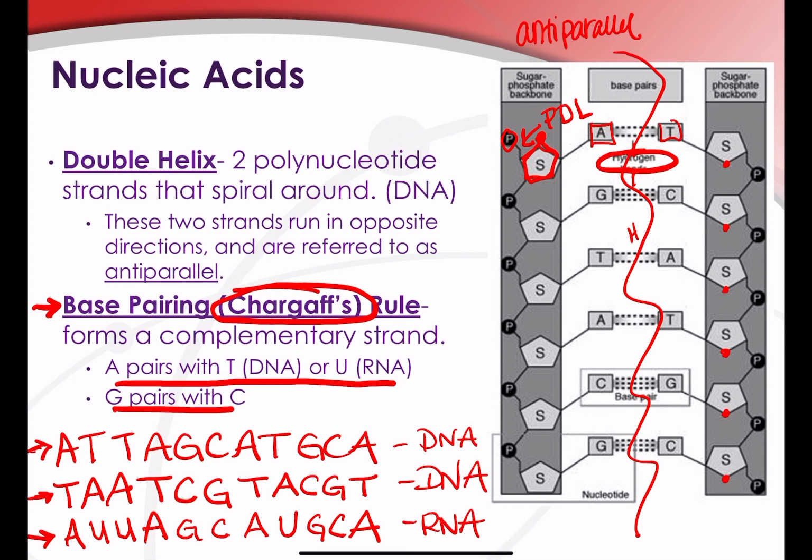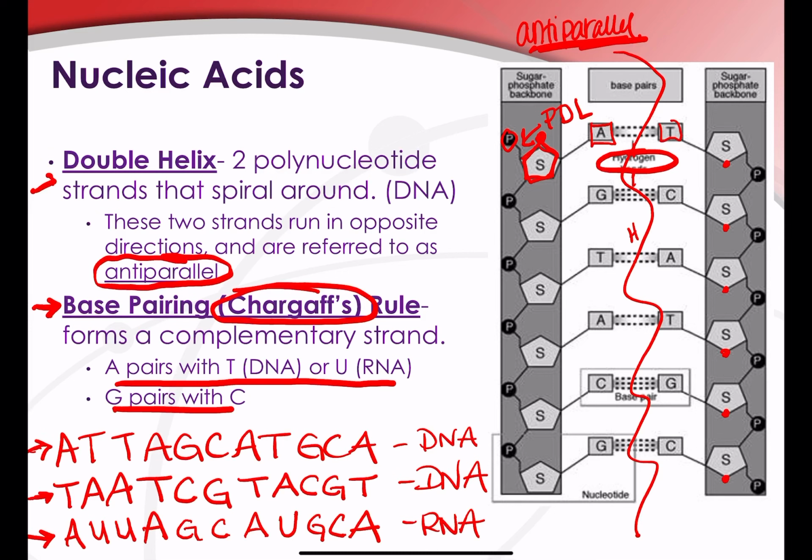Okay? And I don't think I covered this statement really, but it's talking about the anti-parallel direction, which is what I just described here. How the two strands run in opposite directions in the spiral DNA. Now, that doesn't hold true for RNA because in RNA there's only one strand. So, 3 differences in DNA and RNA that we were just talking about a moment ago.